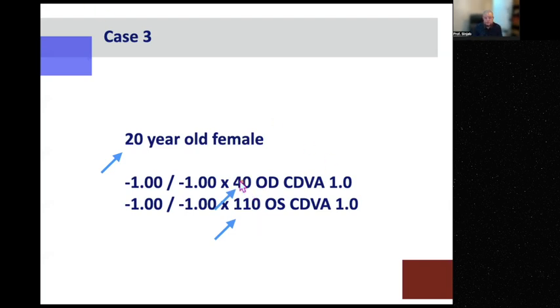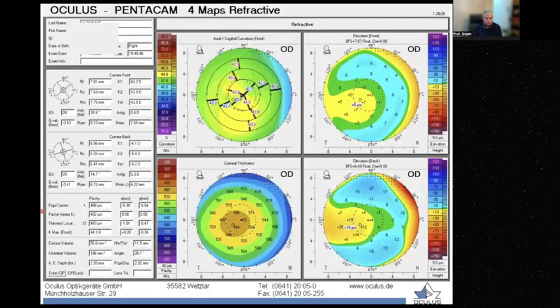Yes, it is 40. Wherever you see minus cylinder, then immediately the axis is flat. So in the left eye, the flat axis is 110. That's why it is against the rule. The right eye is oblique astigmatism. Good. Here we see it is very suspicious.